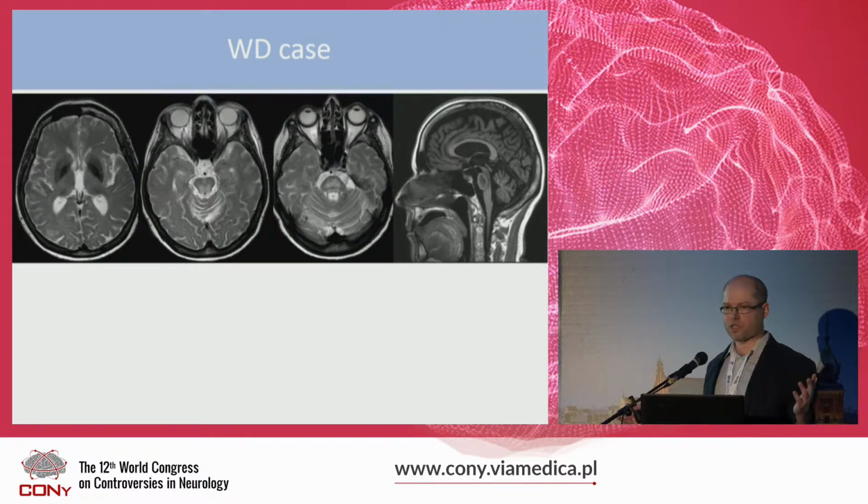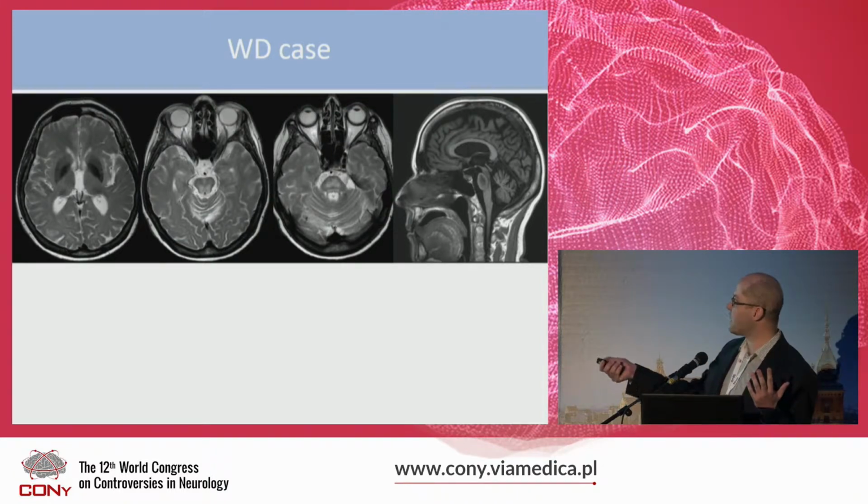Of course, neurologists, when they see patients like this, usually perform brain MRI. And in these patients, you can see some T2 weighted signal drop in the basal ganglia and thalami, some very mild T2 hyperintensities in the putaminal rim.